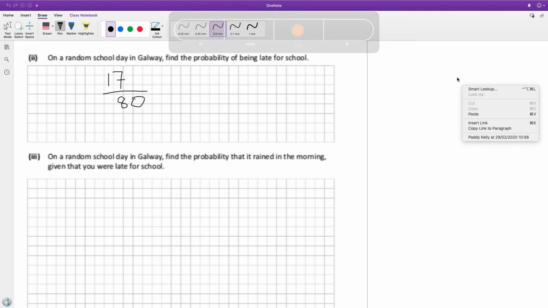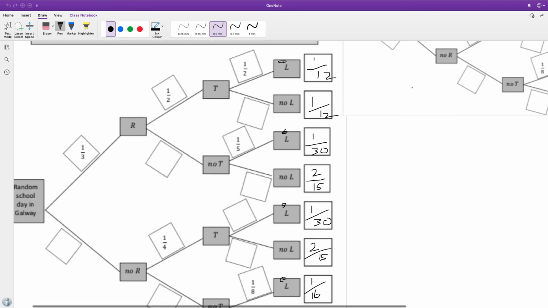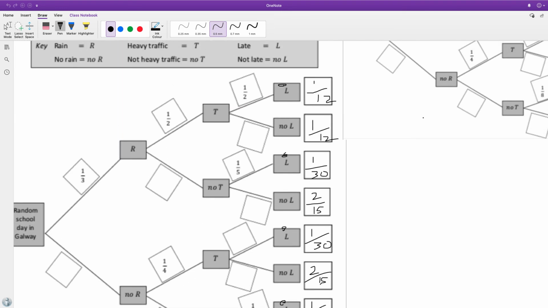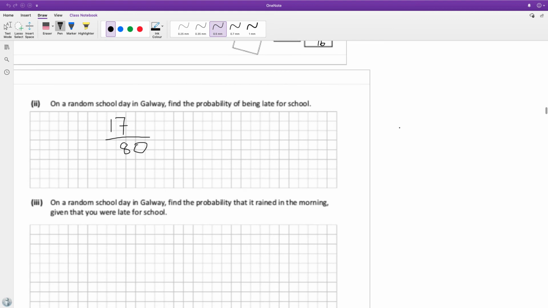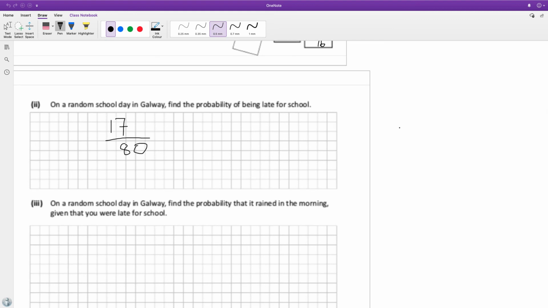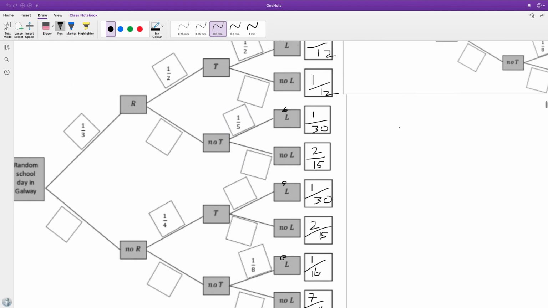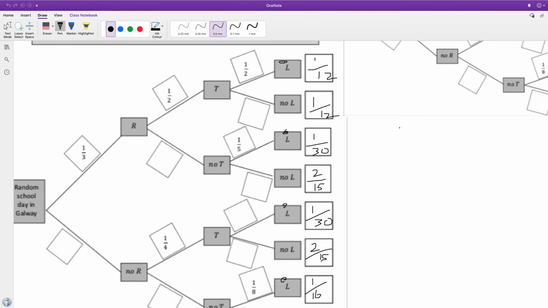Right, we got an answer? So, what is the probability that it rained and he was late? How do we get that? A intersection B, or in this case, R intersection L. What is the probability of R intersection L? It rained, so it must be this one up here.